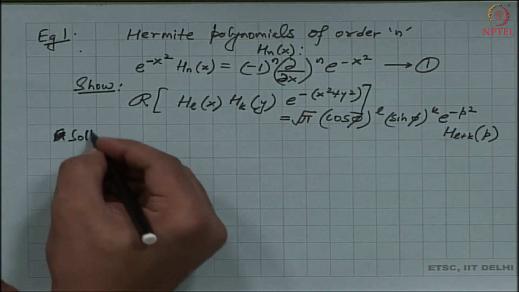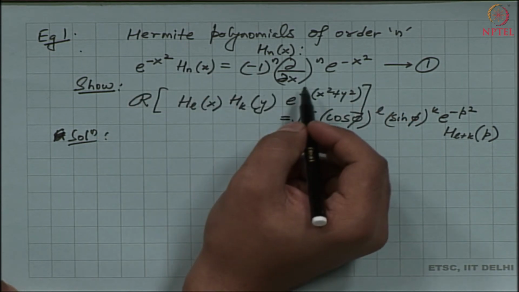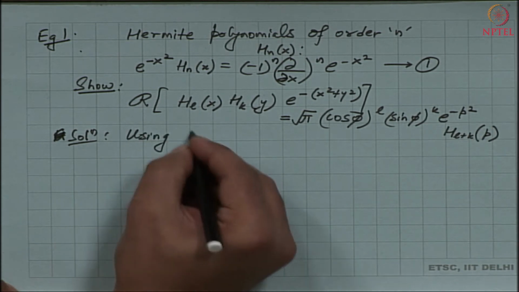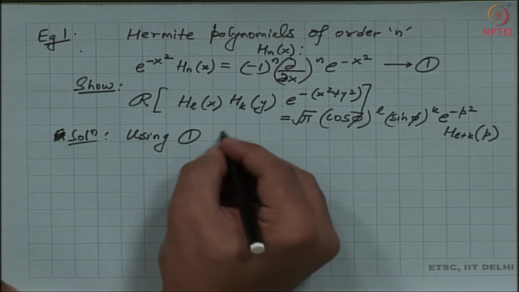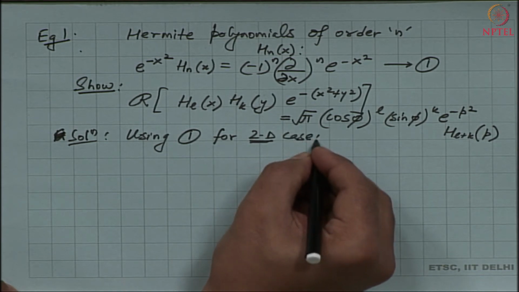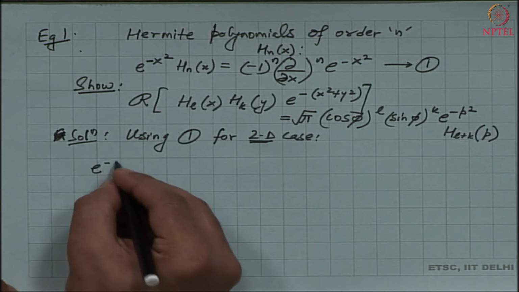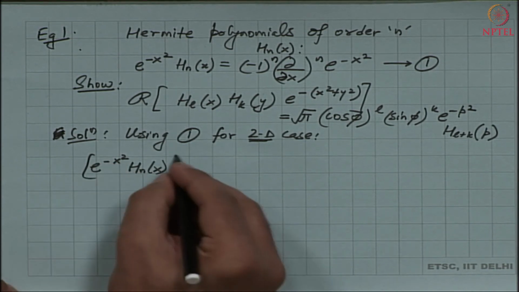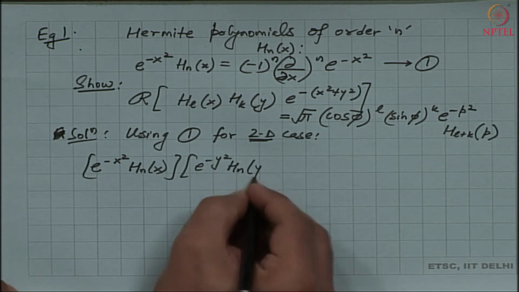Let me start the solution by using this expression 1 for the 2D case. So, using my expression 1, let us see what happens for a 2D case. What I mean by that is, notice what happens to this following product: e to the power minus x square Hn of x times e to the power minus y square Hn of y.